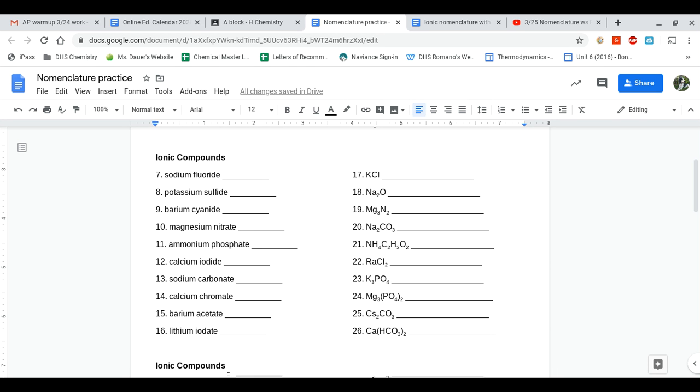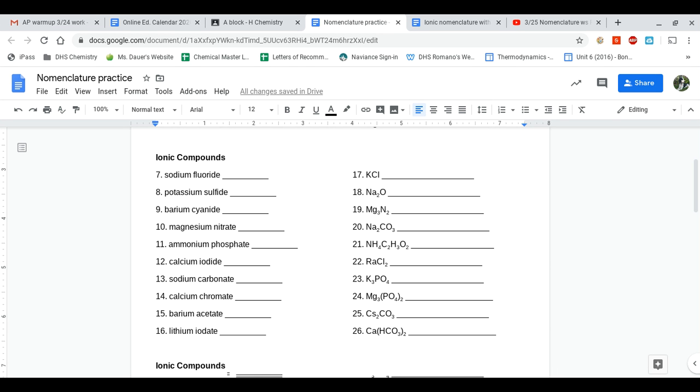All right, so to create a neutral ionic compound for ammonium phosphate with the correct chemical formula, we recognize that ammonium has a positive 1, phosphate has a negative 3. We need to create a neutral compound, so they have to have a cation and anion that cancel each other out. We're going to do this by creating a negative 3 on the phosphate side. We already have it. And a positive 3 on the ammonium side.